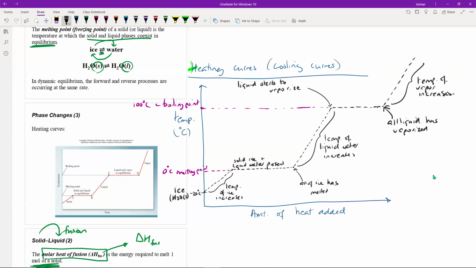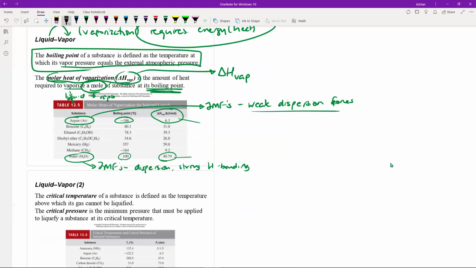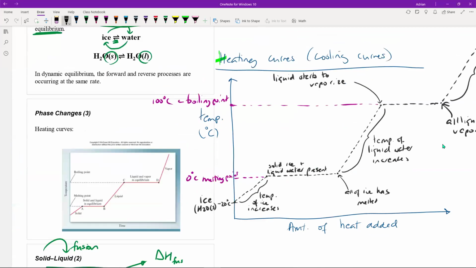We'll notice a few important characteristics of any such heating or cooling curve. Now, the first thing we'll see is that it's not a strict curve in the true sense of the word. It's actually a stepwise process that's occurring.